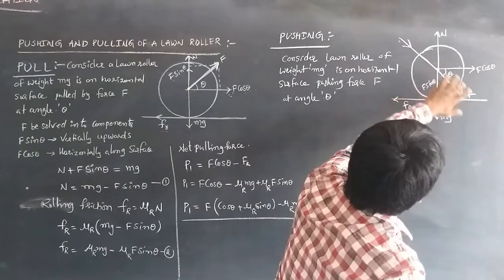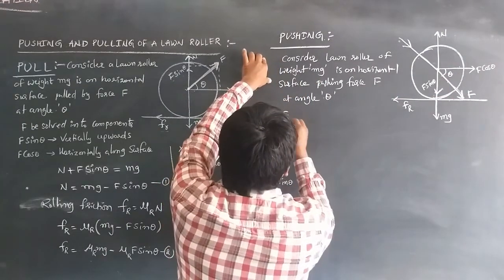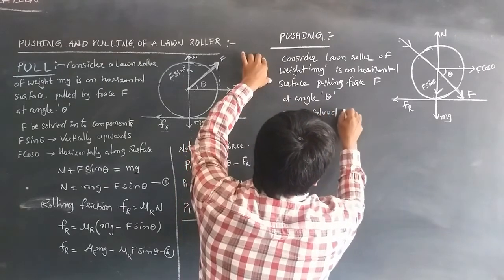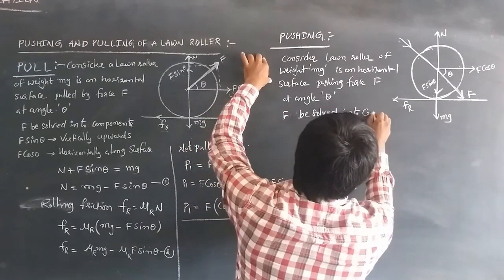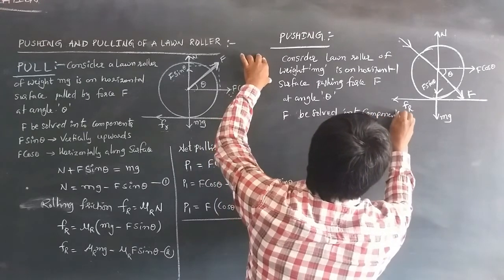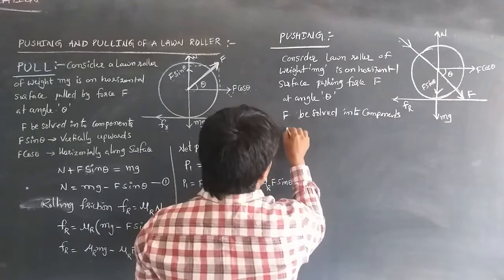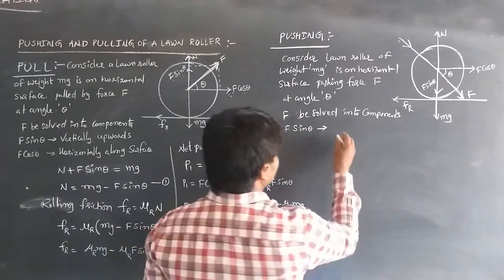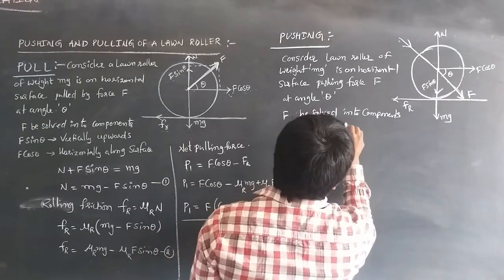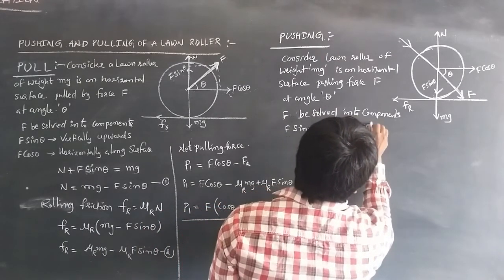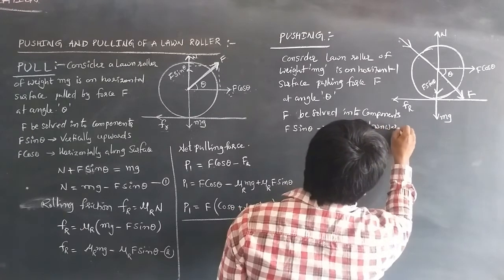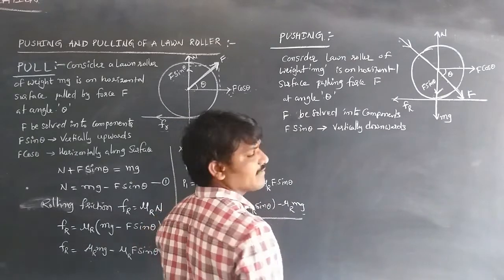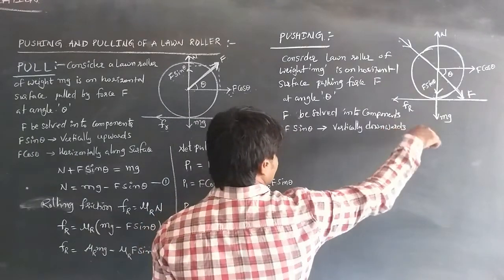Here if we take the components, F is resolved into components, then we get F sin theta vertically downwards, means along the weight, in the direction of weight. The F sin theta component of the resultant force F is also in the same direction.